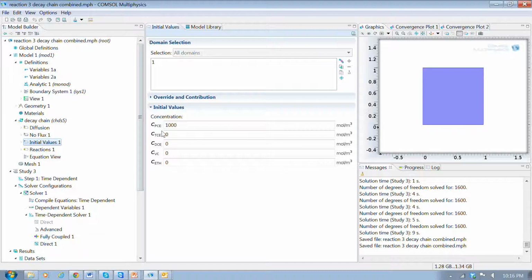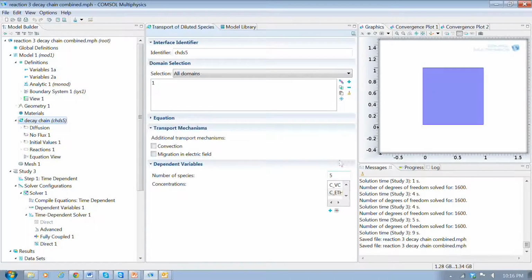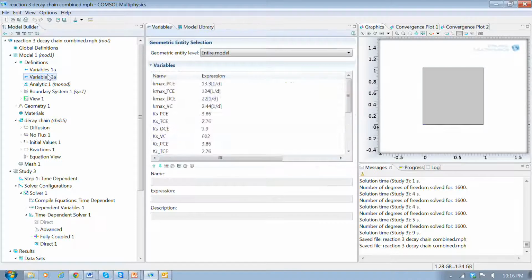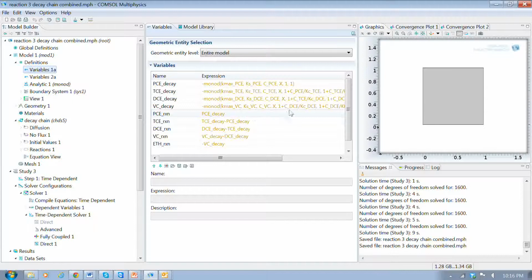In this case, there are 5 dependent variables, and I guess it would be worthwhile to take a look here. So there are 5 dependent variables, and for some reason it's kind of hard to see all 5 the way they've set this up. It's not really designed very well, but nevertheless we can verify. I call them C underscore PCE, and we can see that those variables are used right there.